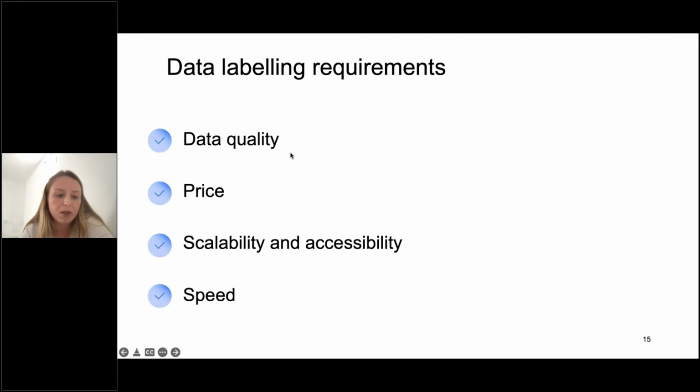Ideally the process would be scalable and accessible, so in case we have to label some additional data suddenly, we should be able to do it as well. And we would like the process to be pretty fast, so we don't want to wait weeks or maybe months for our data to come.